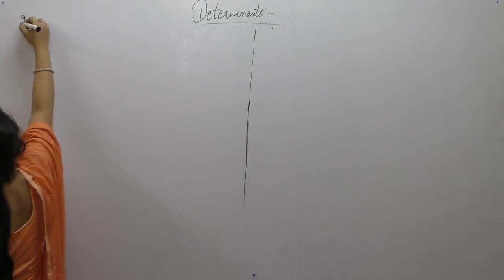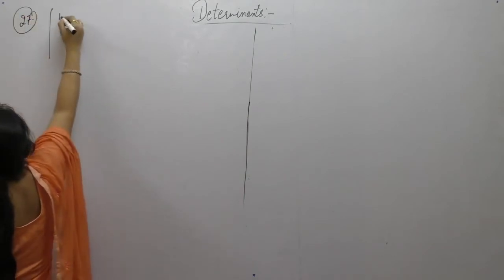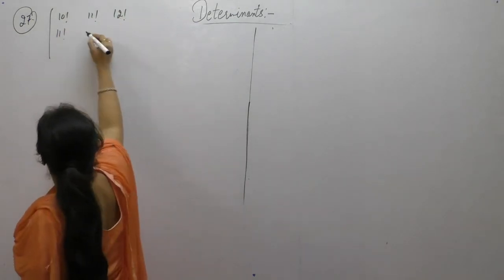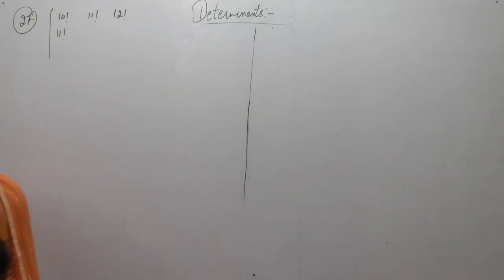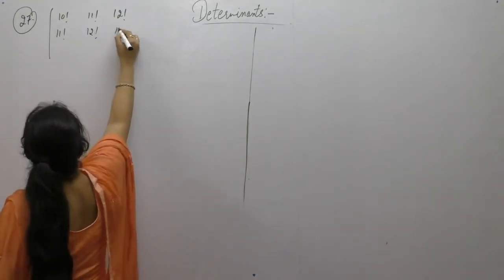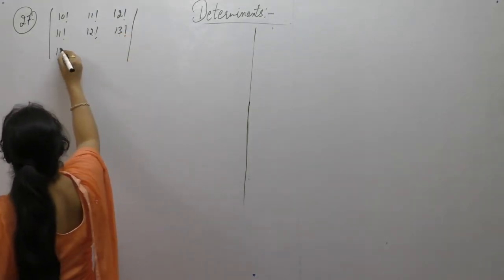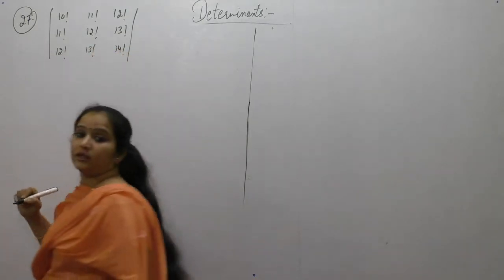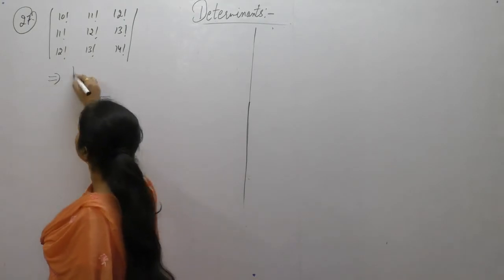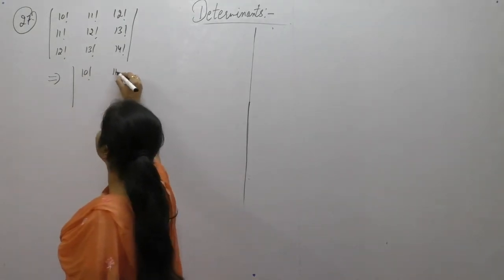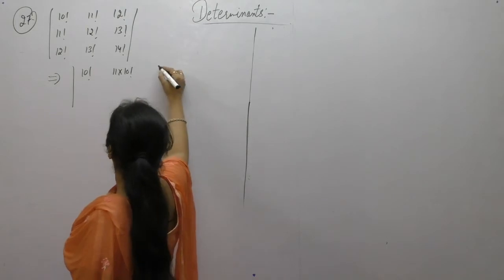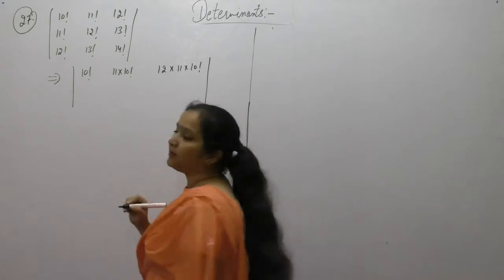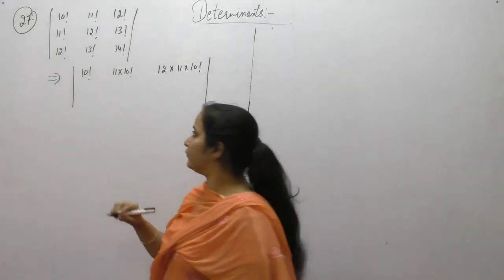Evaluate the determinant 10 factorial, 11 factorial, 12 factorial, 11 factorial, 12 factorial, 13 factorial, 12 factorial, 13 factorial and 14 factorial. Now we can write it as 10 factorial. We can write 11 factorial as 11 into 10 factorial and 12 factorial as 12 into 11 into 10 factorial.